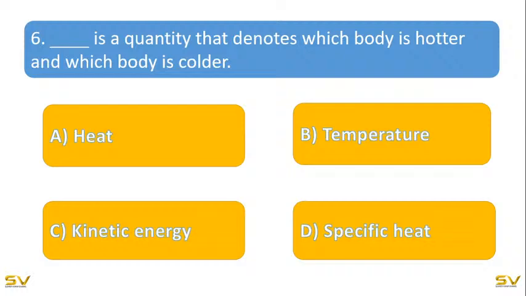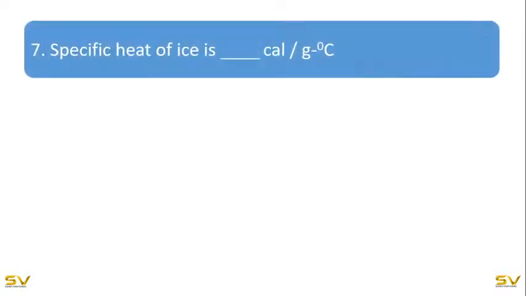Temperature only. So, temperature is a quantity that denotes which body is hotter and which body is colder, because the definition of temperature is the degree of hotness or coldness. Yes, definitely your answer is correct. It's temperature only. Now, coming to the next one, specific heat of ice.